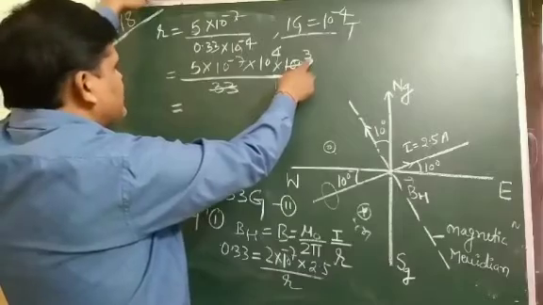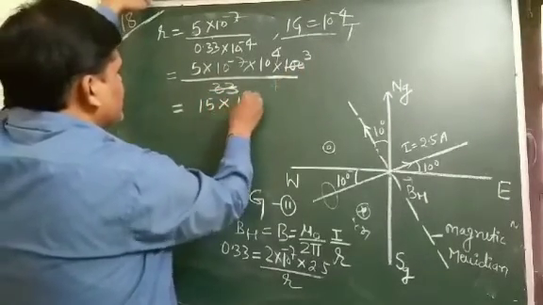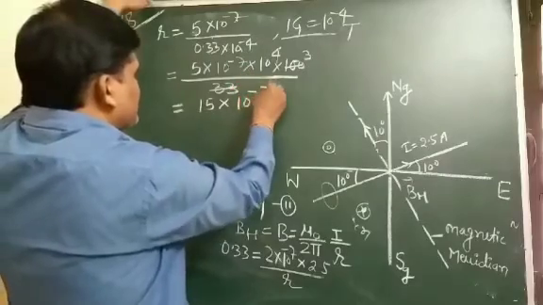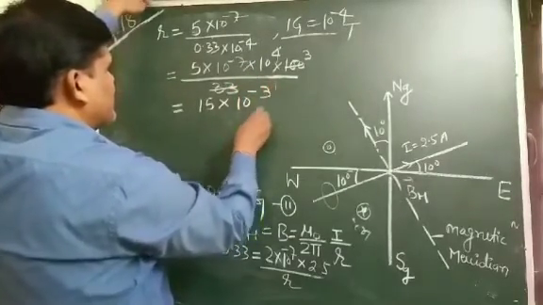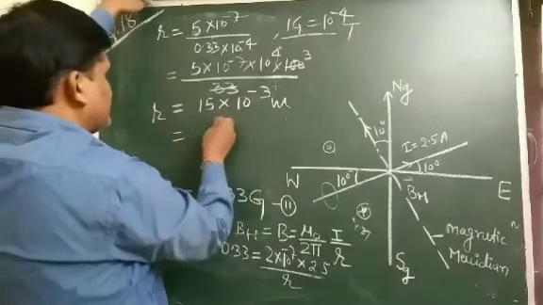Nearly we have taken this value as 3, since 33 times 3 is 99, and 5 times 3 is 15. So this comes out to be 10 to the power minus 3 meter.